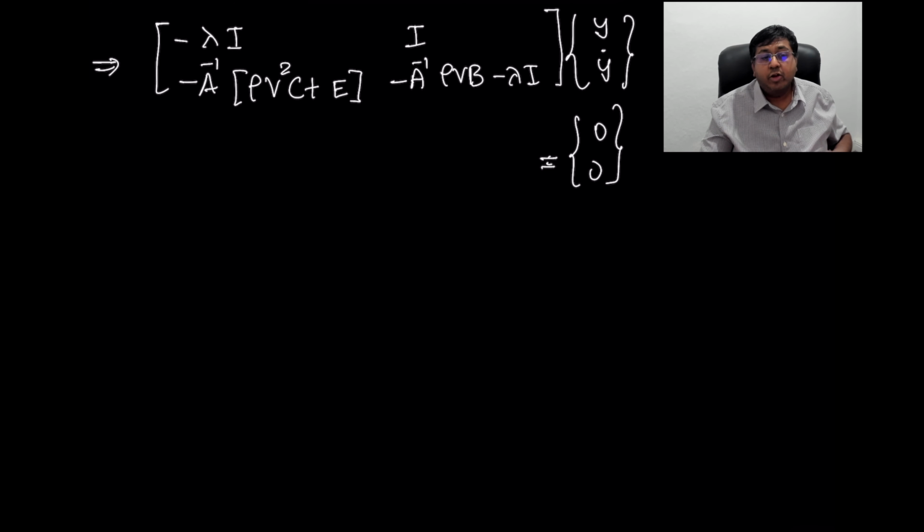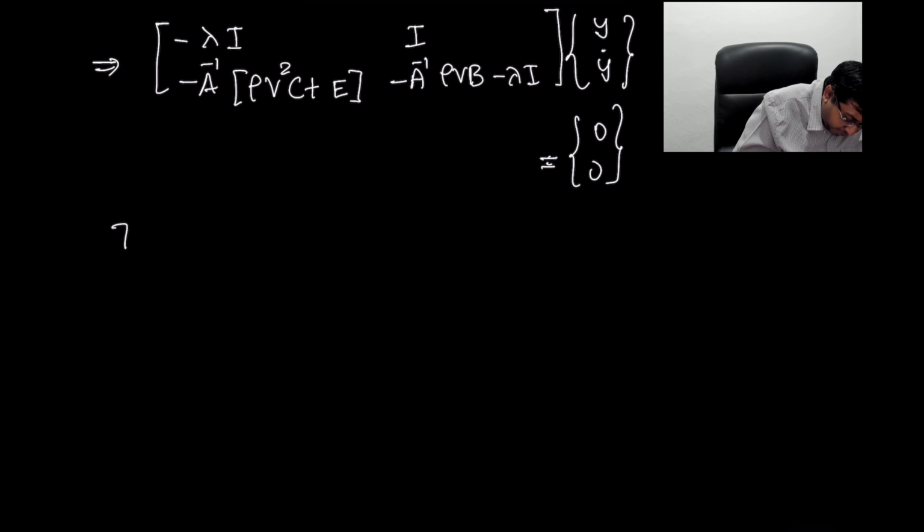Right? So once we know that, then we can always, as usual, get our characteristic equation by setting the determinant to be 0.